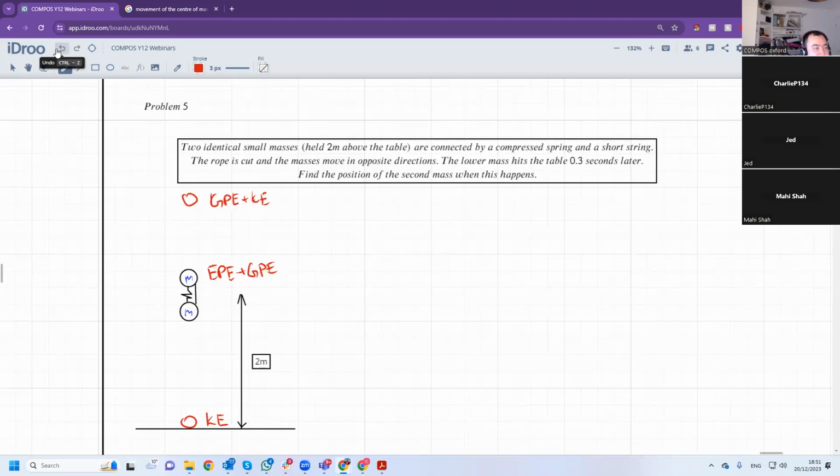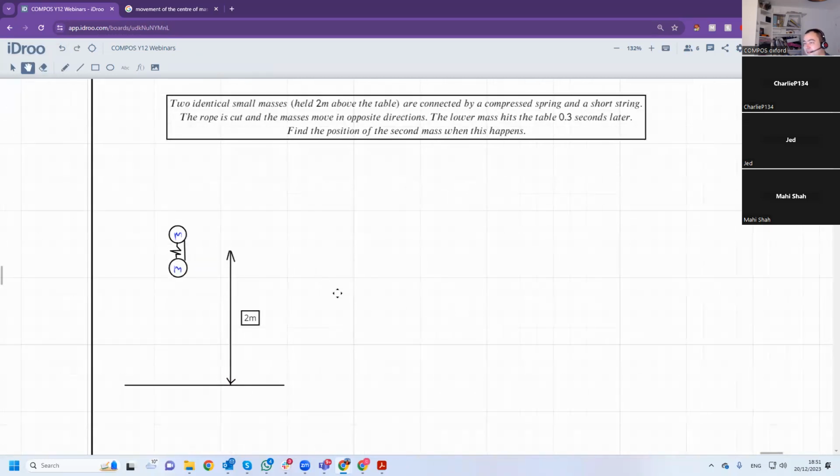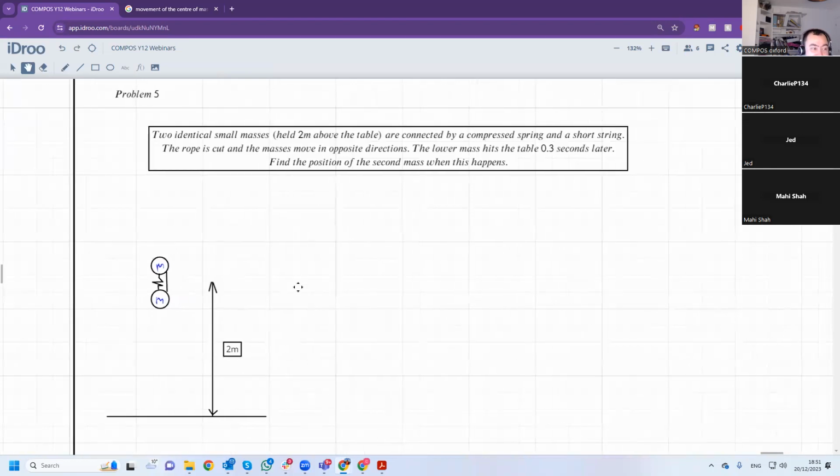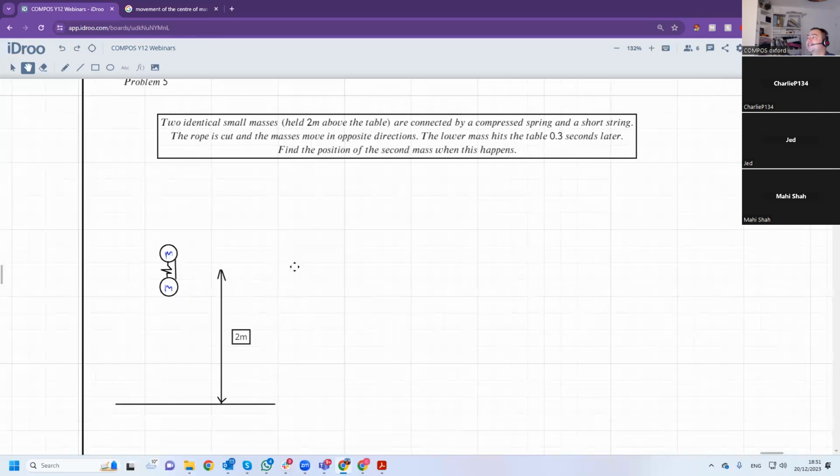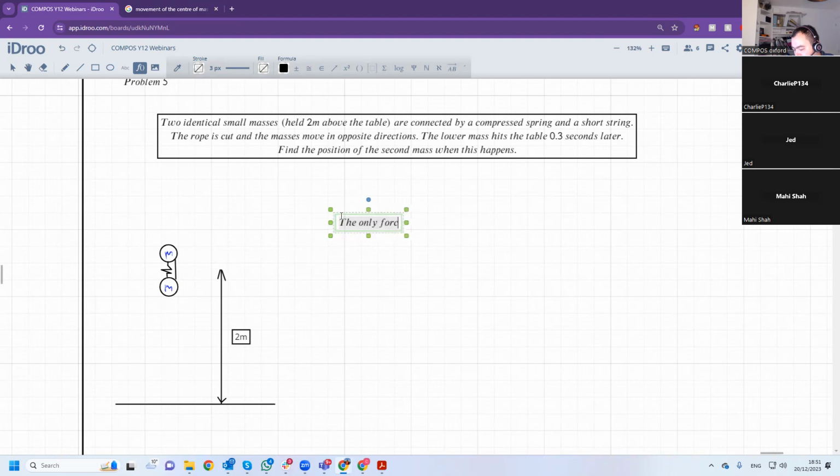But now you know stuff that you didn't know before. You know stuff about the center of mass. You know that the center of mass doesn't move without external forces. But gravity is an external force, so the center of mass does move, but it moves in a predictable fashion because the only force acting is gravity, the weight.